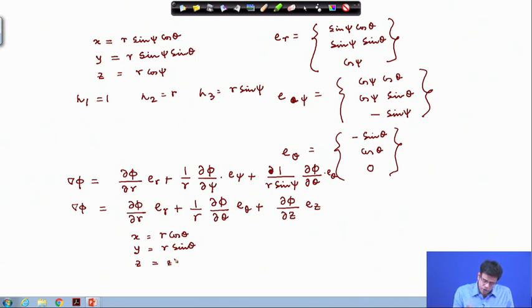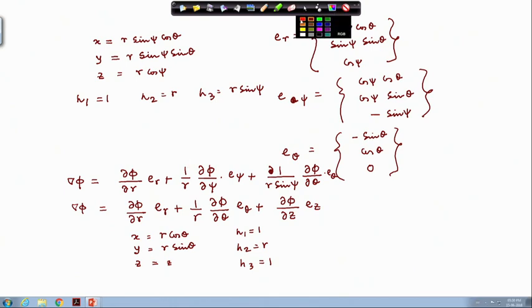So, if you relate this with the spherical system, you see only the H1 H2 H3 changes. For the cylindrical system, H1 is 1, H2 is r, H3 is 1, while here they become 1, r and r sin psi. So, this way we can compute any quantity in a cylindrical or spherical system.